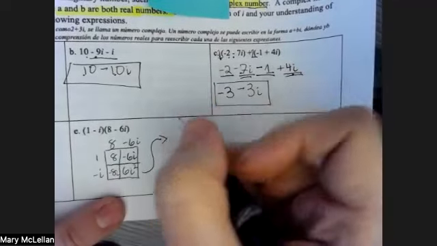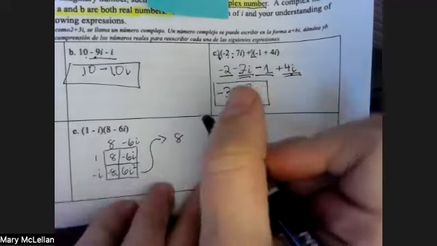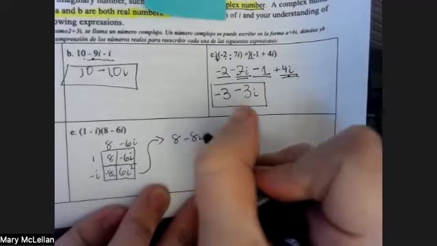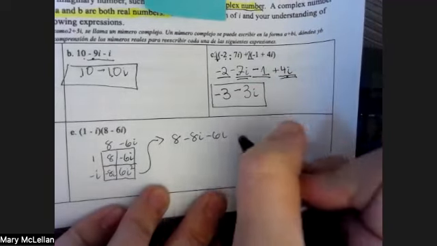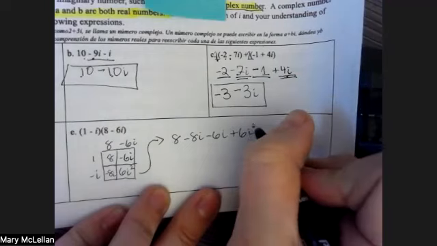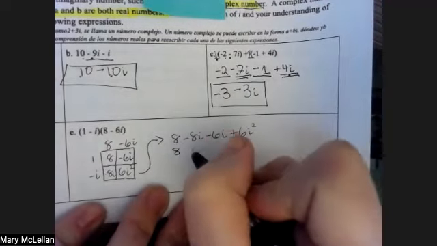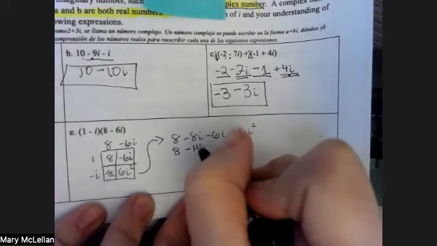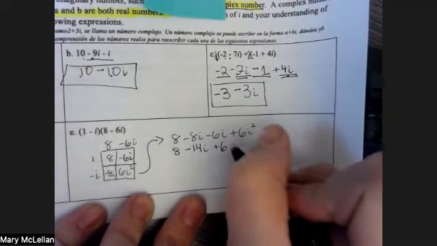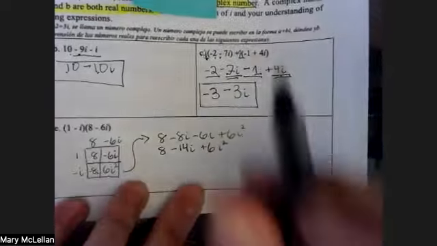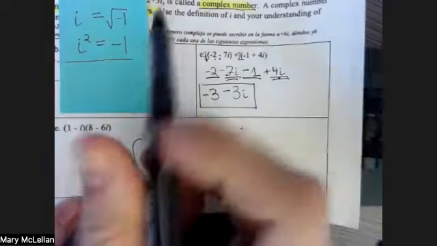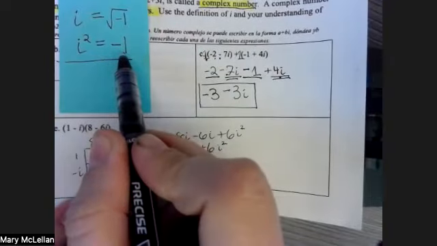Well, I have 8 minus 8i minus 6i plus 6i squared. That's 8 minus 14i plus 6i squared. But i squared is -1.